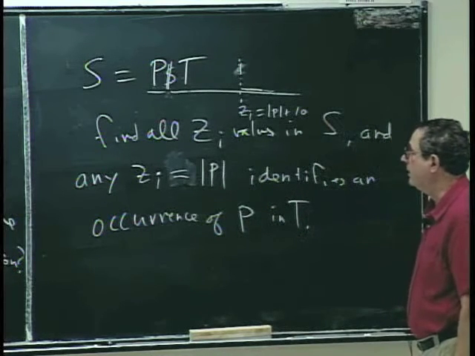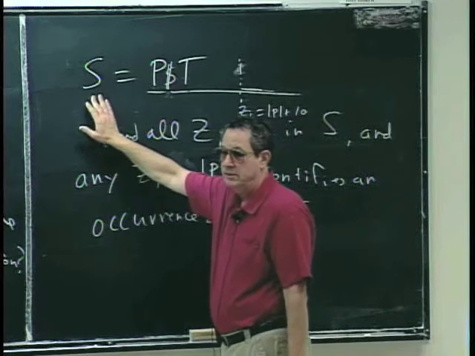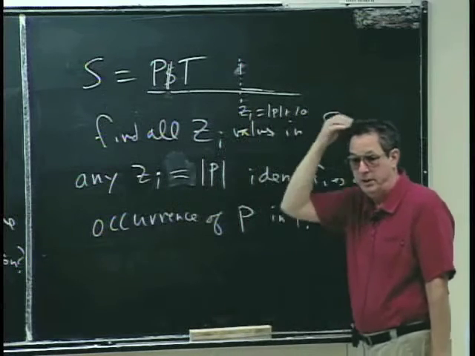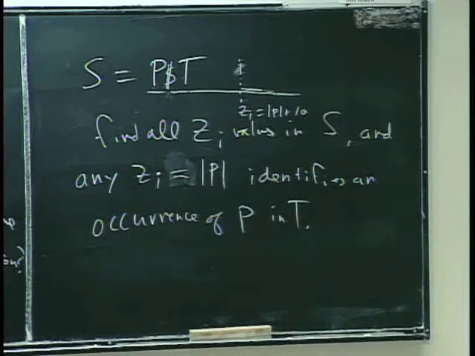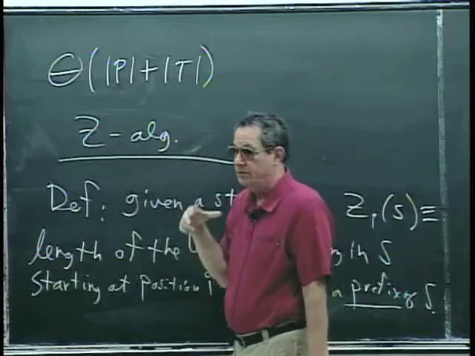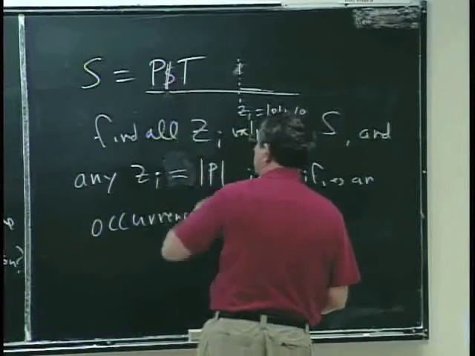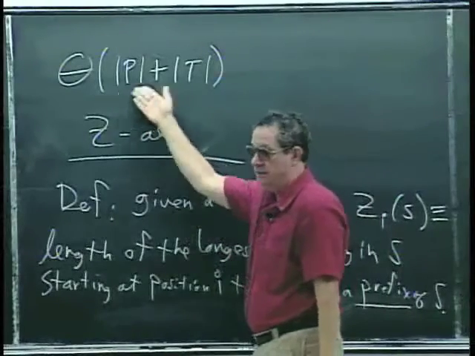All right. So if I can find all the Z values in time proportional to the length of S, then I can use this idea to find all the occurrences of the pattern P inside of T in time proportional to the length of P plus the length of T. If the Z algorithm that's coming up finds all the Z values in time proportional to the length of the string it's operating on, and we use this idea, P followed perhaps by a $ sign followed by T, then we can find all occurrences of the pattern inside the text in this time bound.